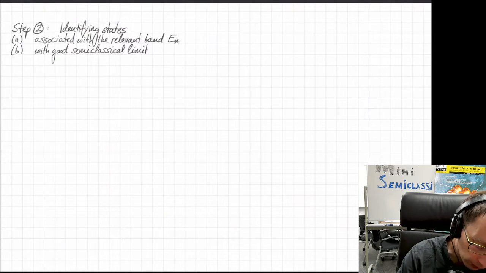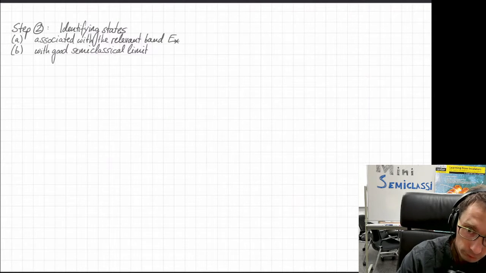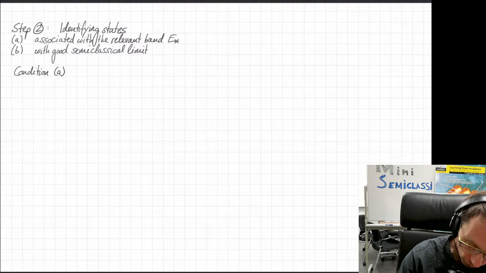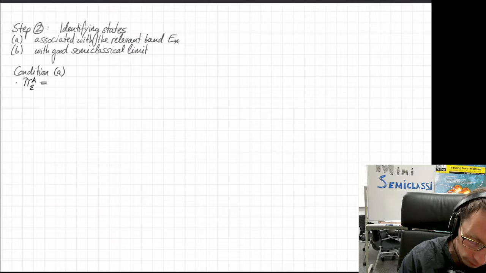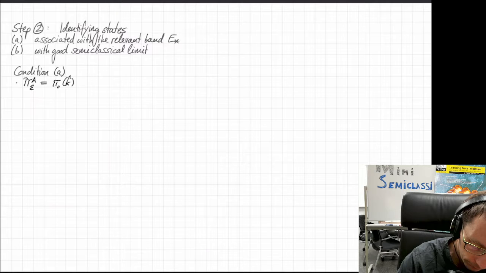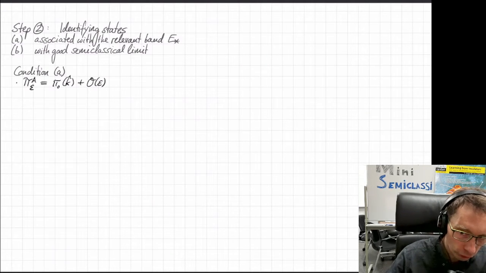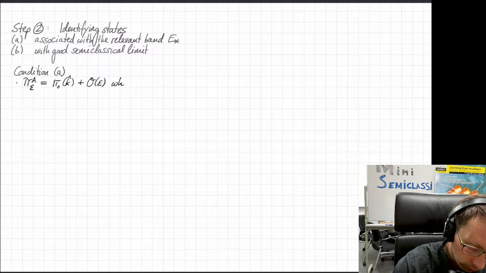So let me first take a guess with one. If we pretend for a moment that this projection that I introduced in the statement of the theorem has an expansion in epsilon, then it seems natural to require that the leading term is the projection onto the eigenspace of the relevant band.